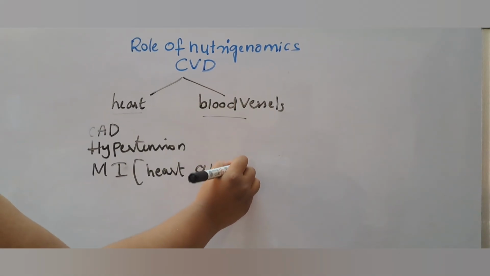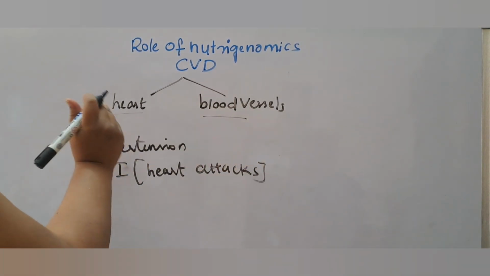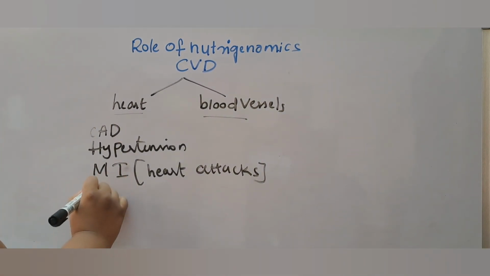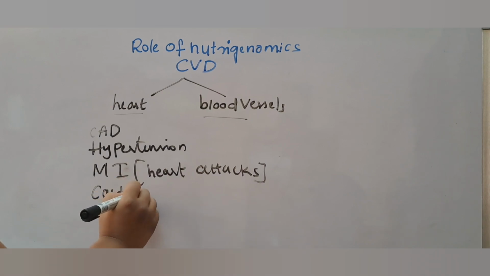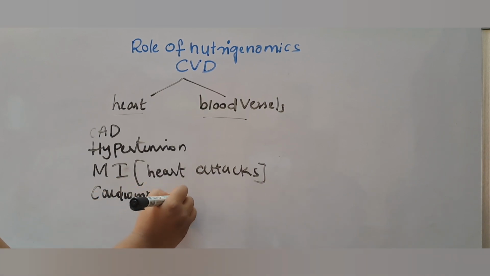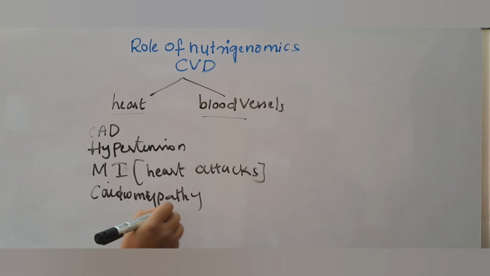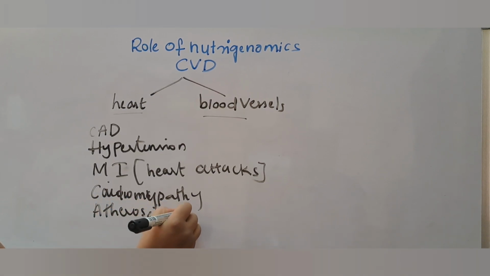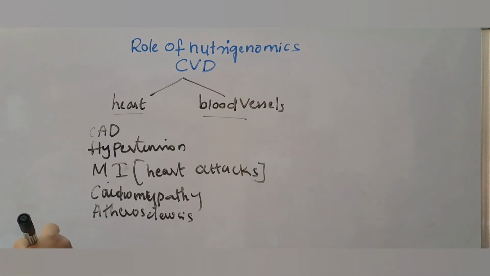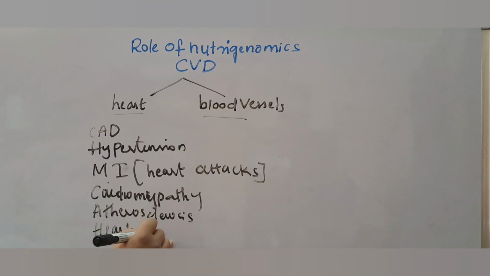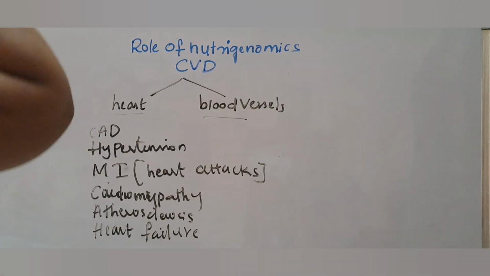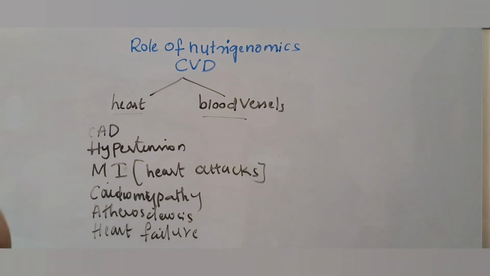I hope you all know about CADs, hypertension, and myocardial infarctions. Next we also have cardiomyopathy, atherosclerosis, and heart failure. So there are a number of disorders that mainly affect both the heart and blood vessels.